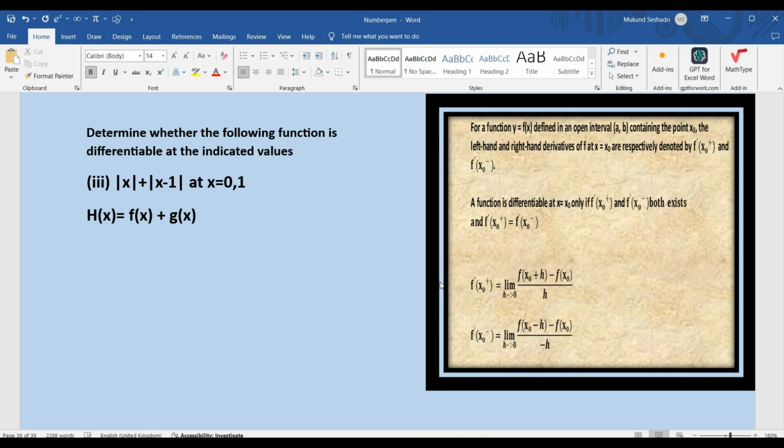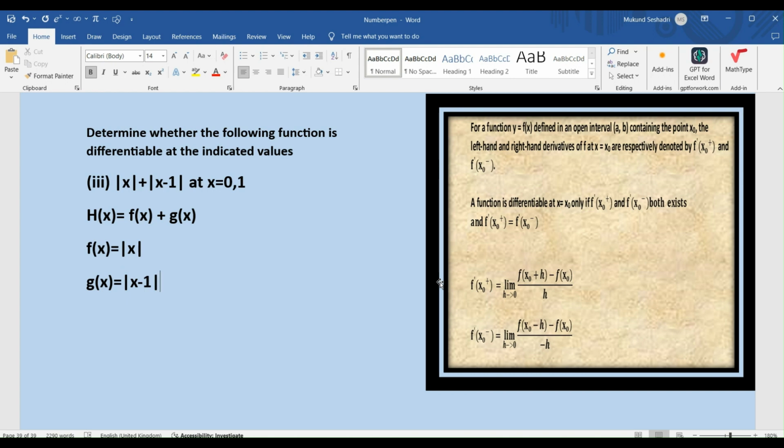My f of x is mod of x, and my g of x is mod of x minus 1, right? So this is how we write this equation initially.